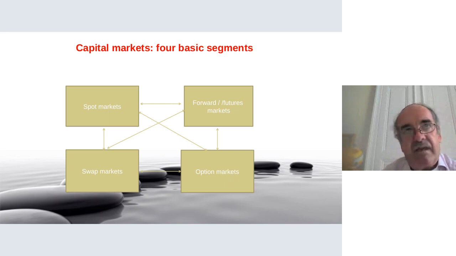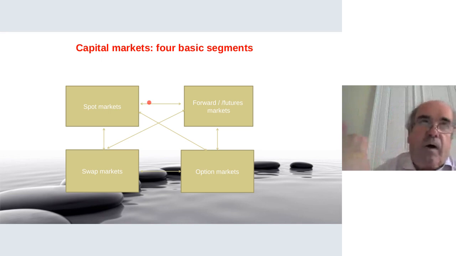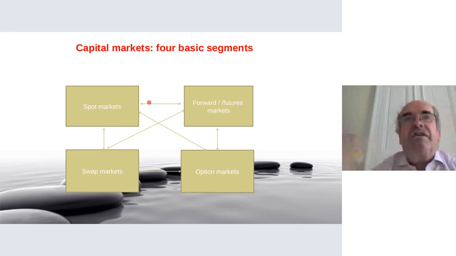For instance, if you buy euro dollar on the spot market, euro against dollar, and imagine the spot price is 1.20. 1.20 is the price of the euro dollar today. Around it's 1.18, but imagine 1.20.